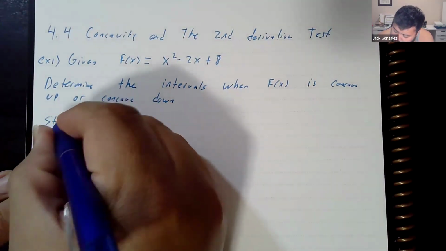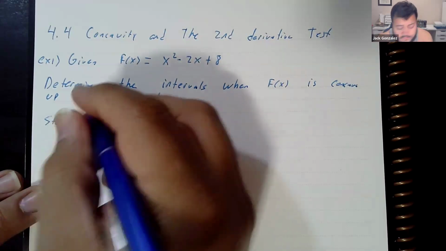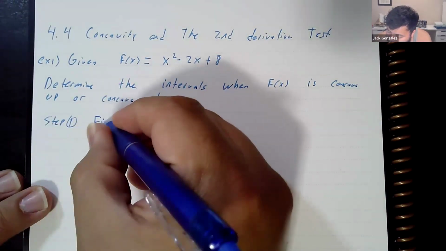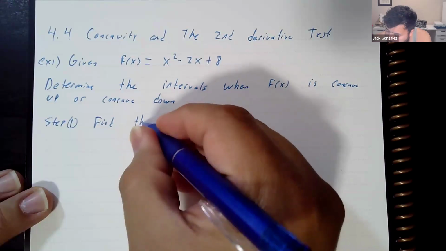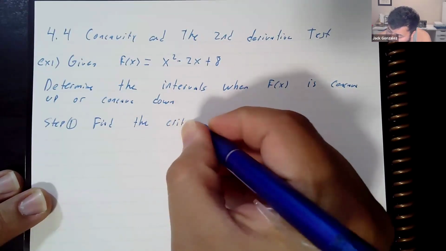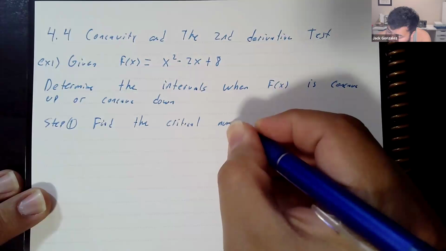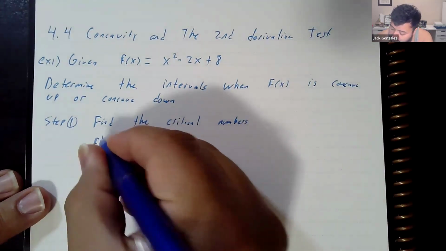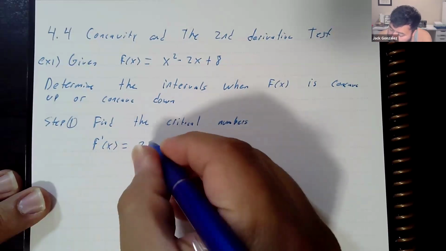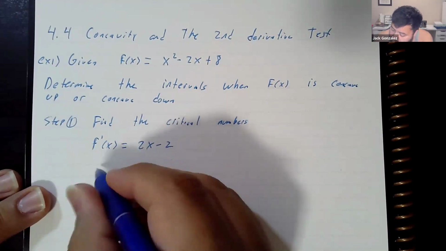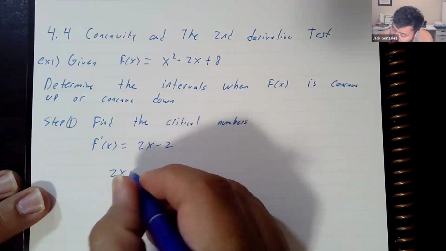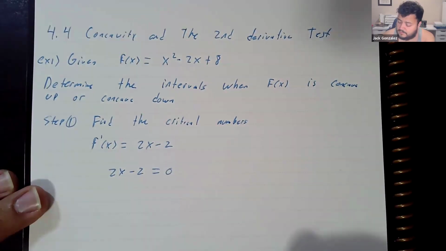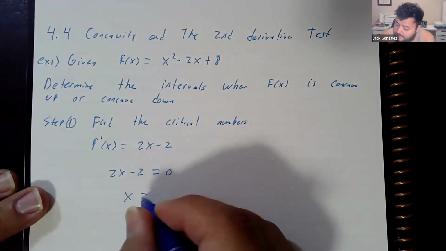Step one, do an easy one first to refresh you from last time: find the critical numbers. What was the first step? We did that by finding the derivative, which is this, and then we set that derivative equal to 0. So I'm just going to go ahead and go to this step and solve for x.